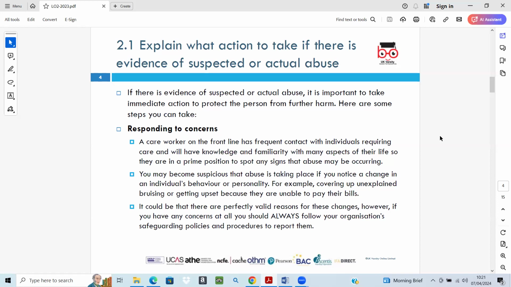Every organization has its own safeguarding policies and procedures. So as a care worker, or as a health and social care person working in the field, we need to follow the specific safeguarding policies and procedures of our organization. Now, for example, what should a care worker do if they suspect abuse but are not certain about it? They should report their concerns according to their organization's safeguarding policies and procedures, allowing the appropriate authorities to investigate further.